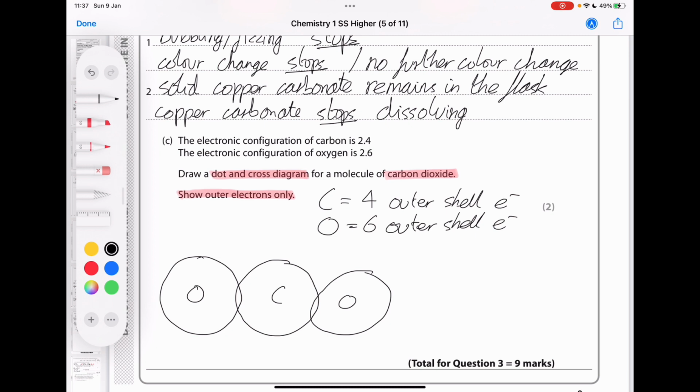And then this is a dot and cross diagram, so I'm going to represent my carbon's outer shell electrons with crosses and my oxygen's outer shell electrons with dots or circles.